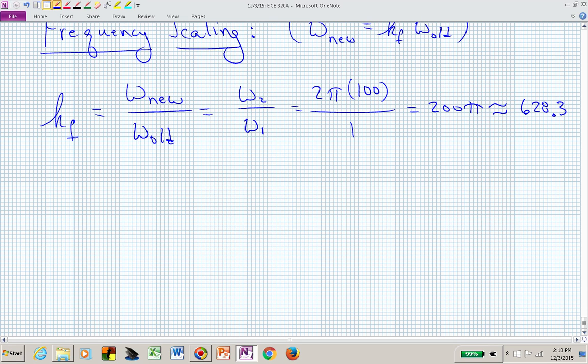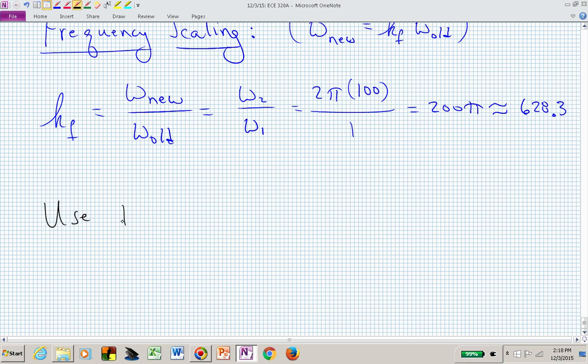Now we've learned how to magnitude scale and frequency scale, and we need to combine those so that we can actually use the capacitor value that we wanted. Remember, we wanted to end up with a capacitor value of 1 microfarad.